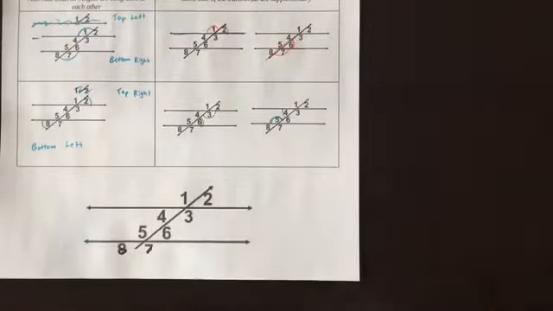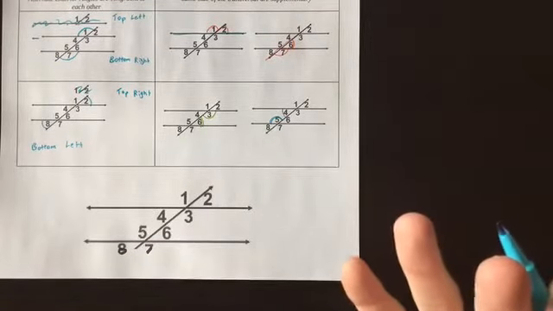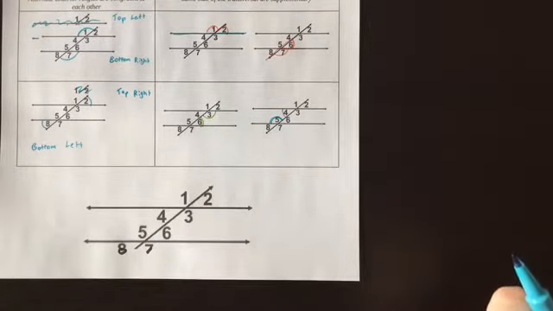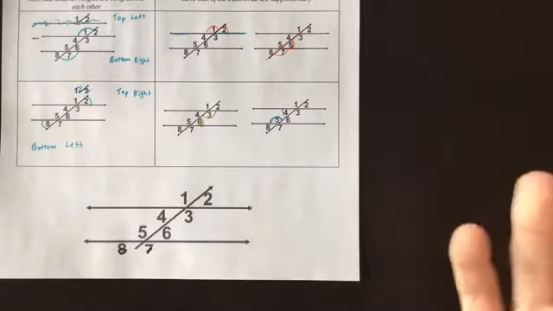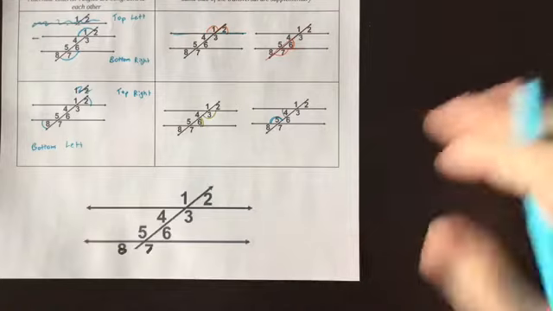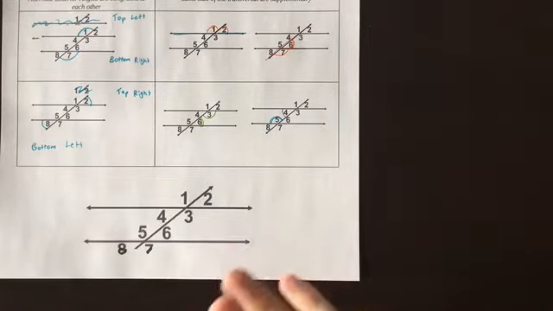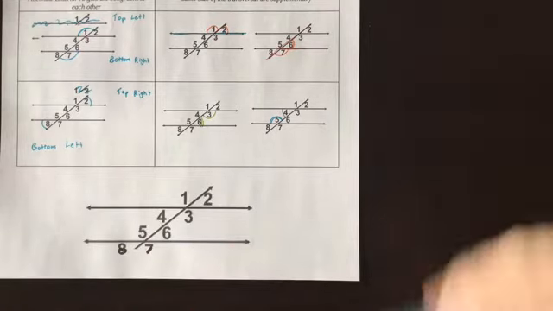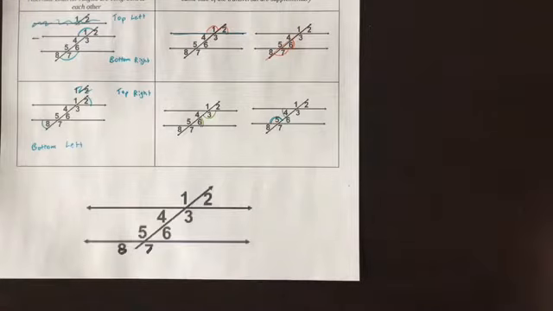And I would say that's a little bit more of a challenging relationship for 7th grade. Something more to worry about for 8th grade, not so much for 7th grade, but it's helpful to know that fact when we're solving problems with parallel lines cut by transversal with our algebra.